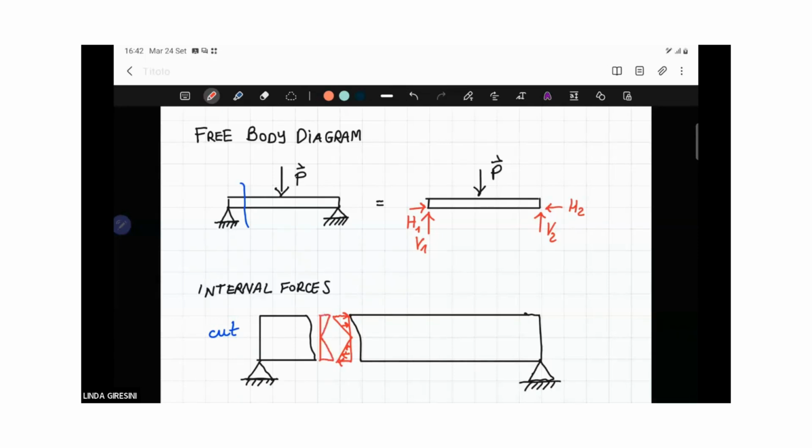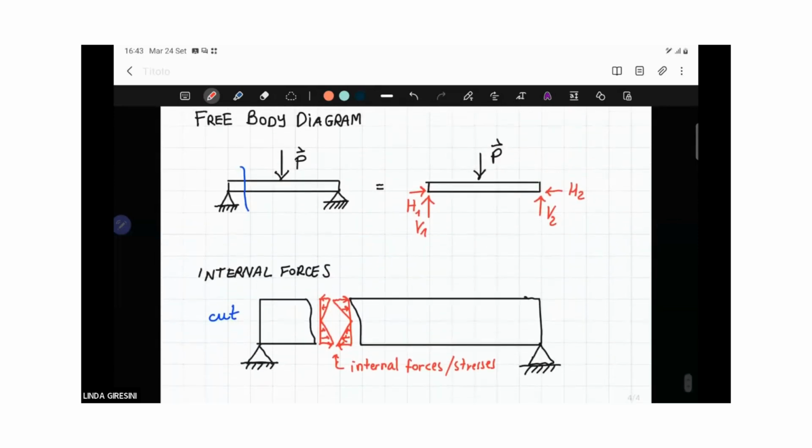It's not important now to draw perfectly these internal forces. It's a general distribution of internal forces. So these are the internal forces or stresses.